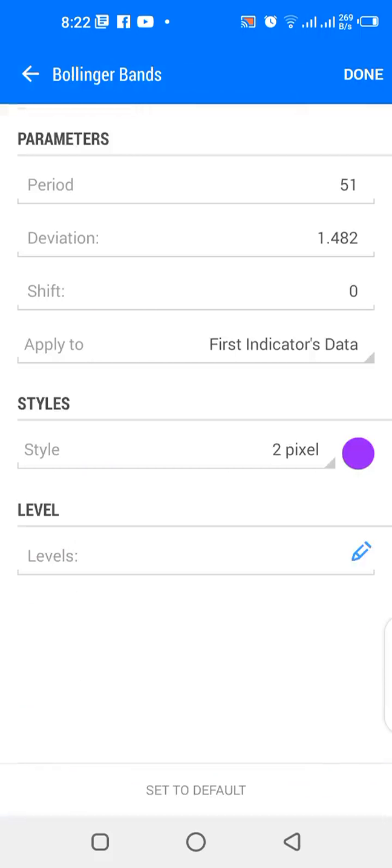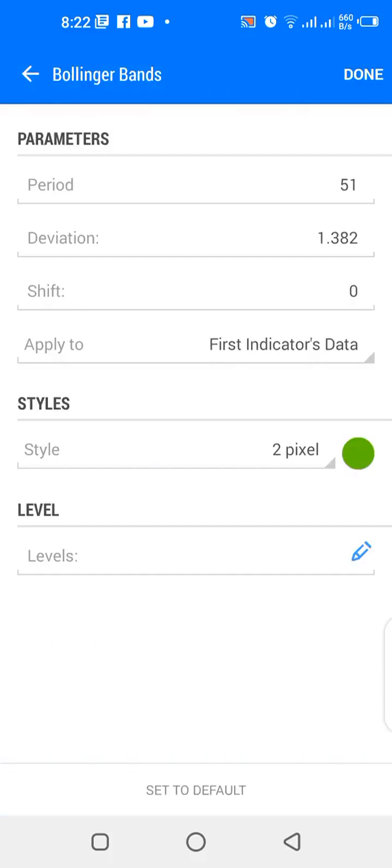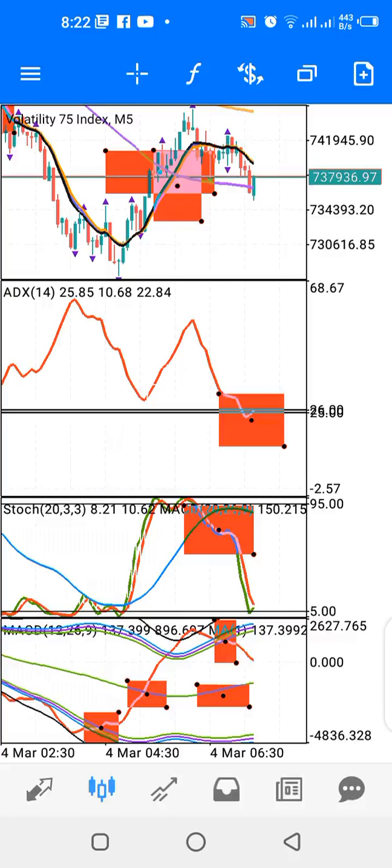Deviation is 1.482. Apply to first indicator's data, and the color is purple. Then the last one is a 51 period Bollinger Bands. Deviation is 1.382. Apply to first indicator's data, and the color is green. So that's that for the indicators.